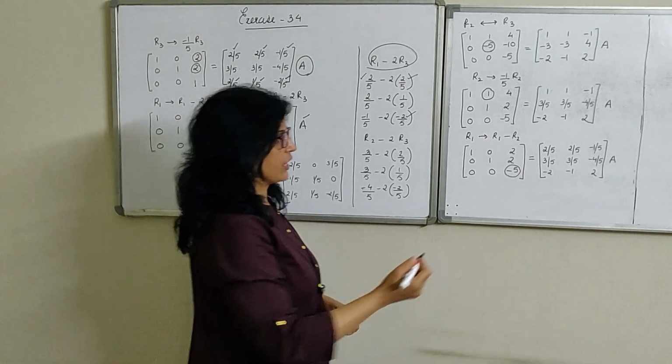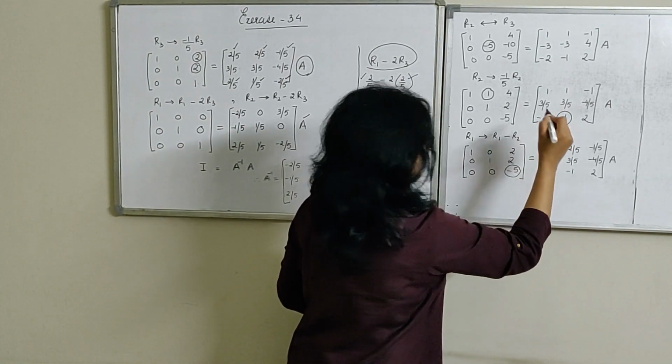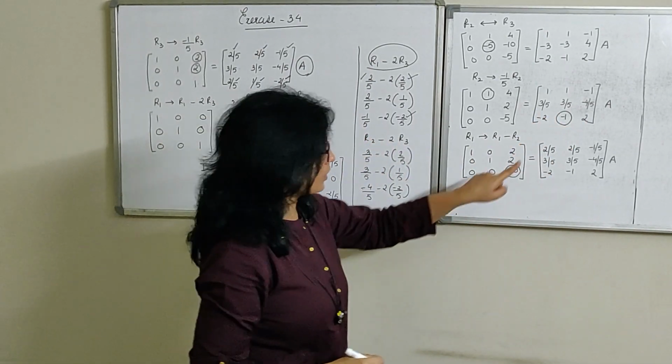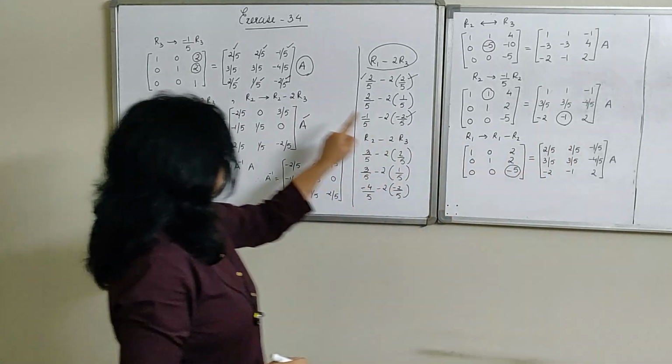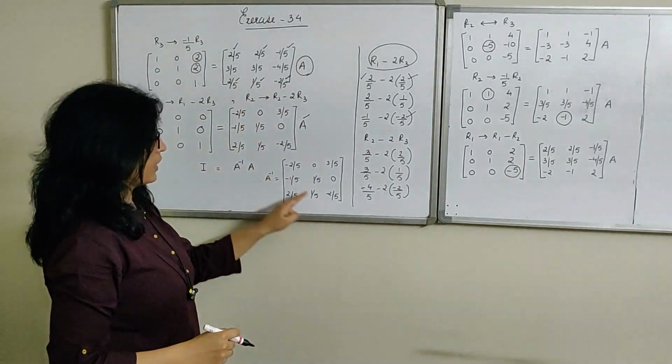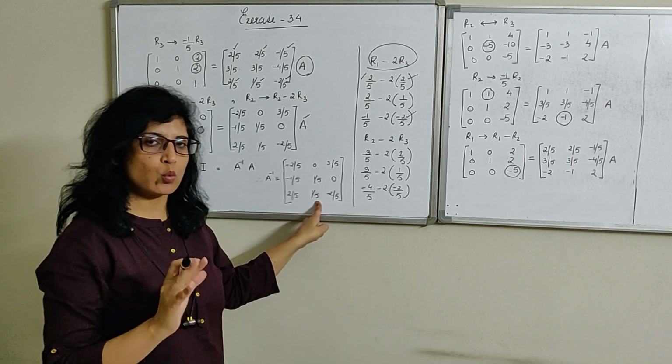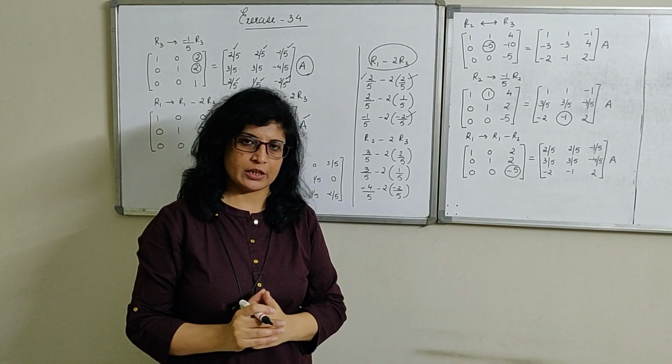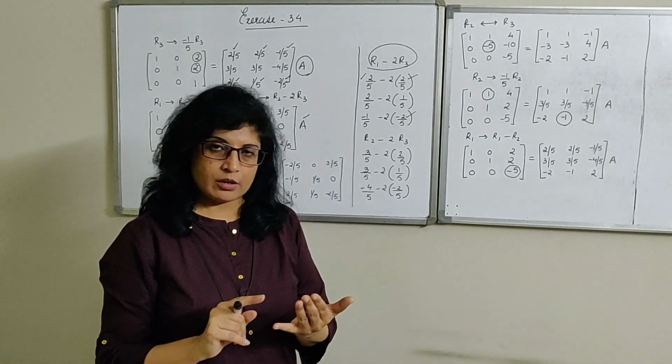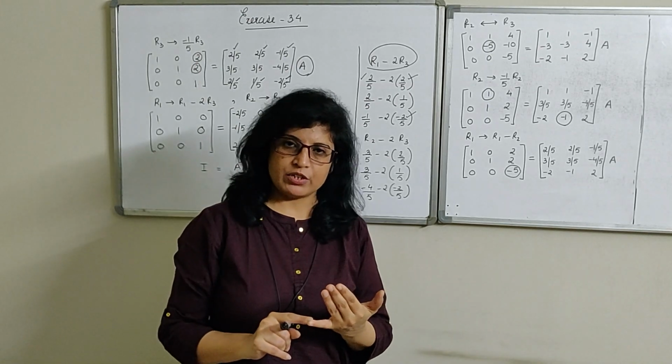At any point of time, if this element is written as +1, the same error will be carried everywhere and the final inverse will not be correctly obtained. So, matrix A has to be written in every step.